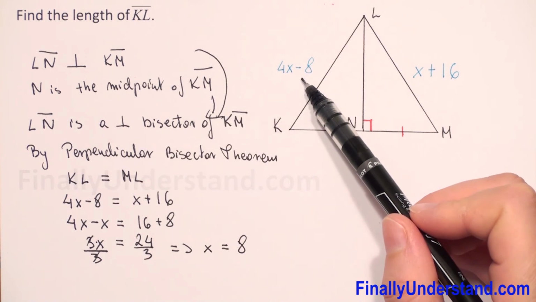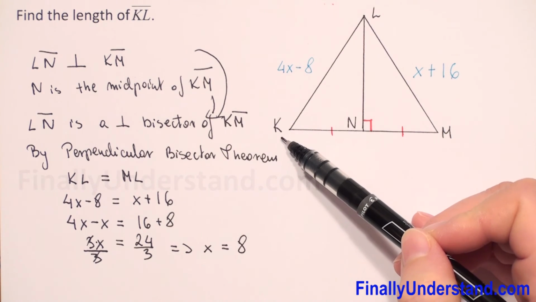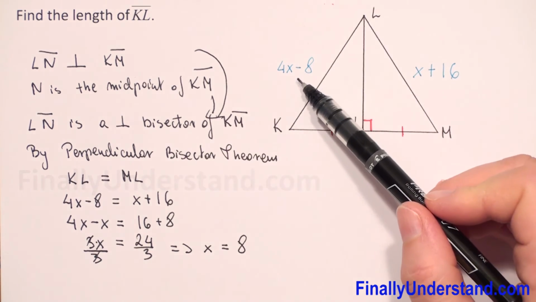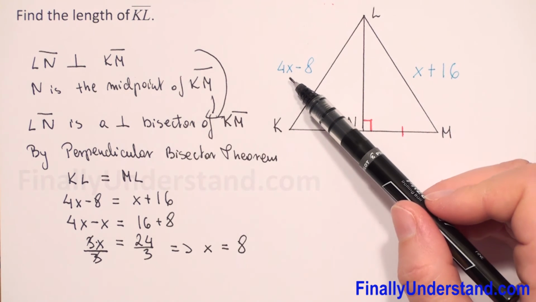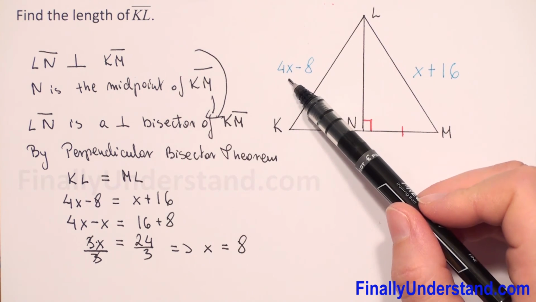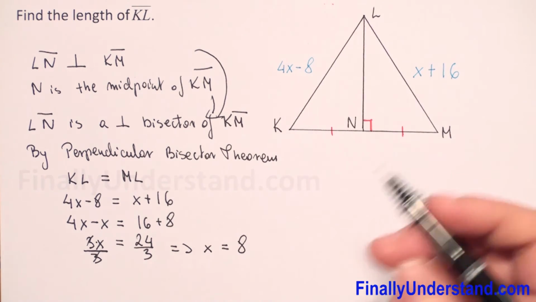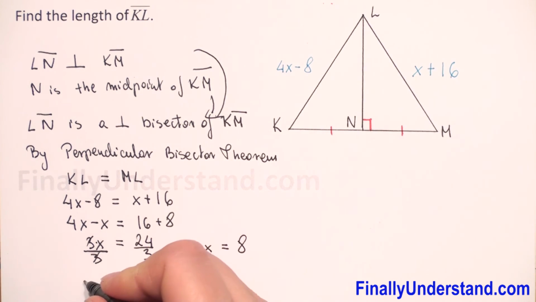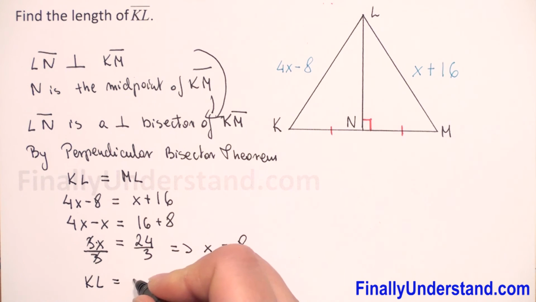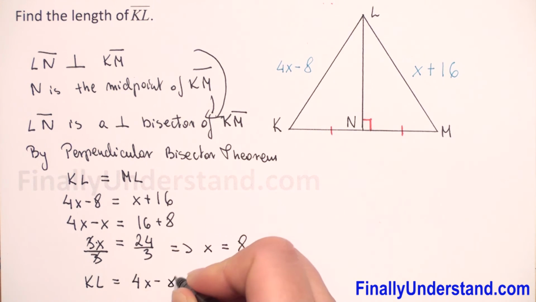If we have unknown x, we can come back to expression 4x minus 8, because the length of segment KL is given by this expression. We will substitute x by 8, and we will have the length of segment KL. So KL is 4x minus 8.